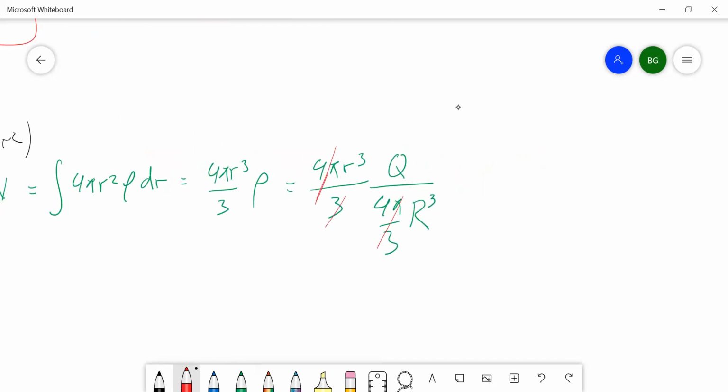We can cancel, then we get Q r cubed over capital R cubed. Okay, so this is Q enclosed.